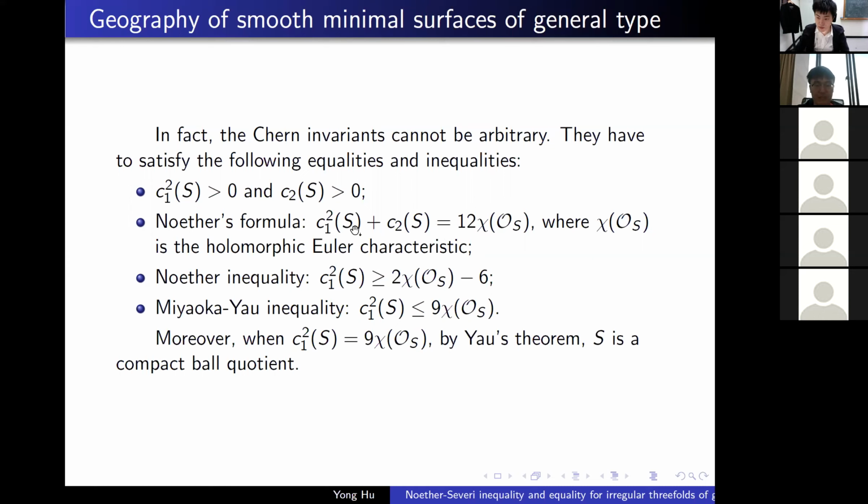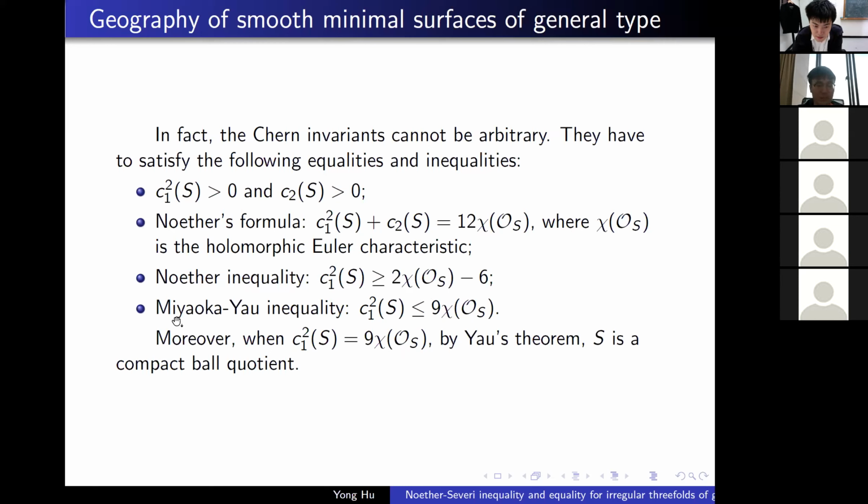And given c1 square and chi(O_S), then c2 is determined. The third one is called the Noether inequality. It says that c1 square is larger than or equal to 2 chi(O_S) minus 6. And this inequality is optimal.